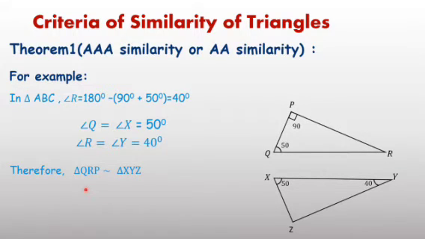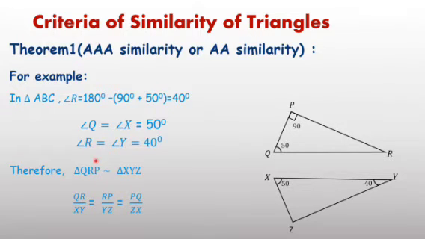Now ratio of sides. Easily you can write here ratio of sides means QR upon XY, RP upon YZ, QP upon XZ. If proper order written, usually you can write taking first two points QR, first two points XY, equal to second third point RP, second third point YZ.